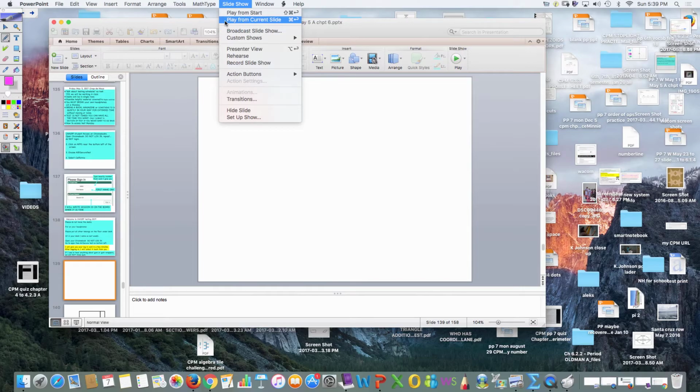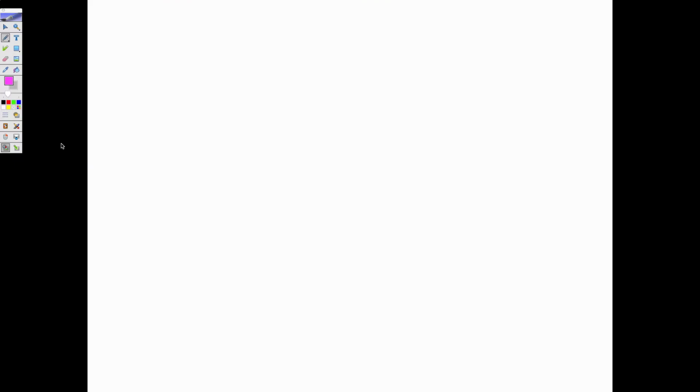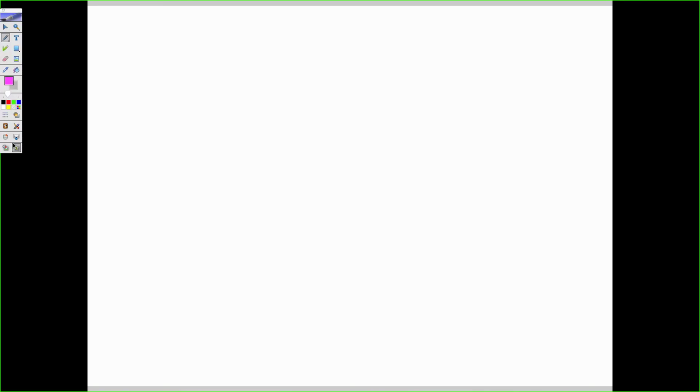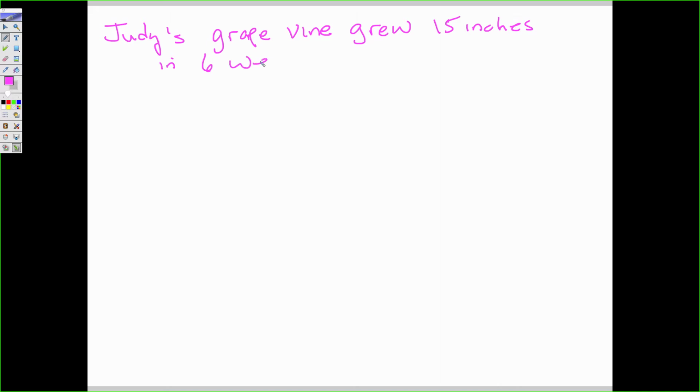Alrighty, today we are going to talk about unit rate. And the problem we have is Judy's grapevine grew 15 inches in 6 weeks.